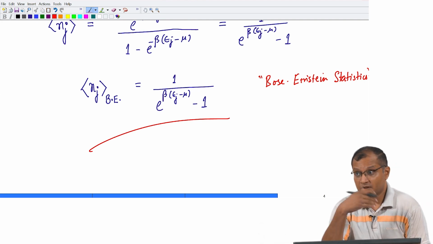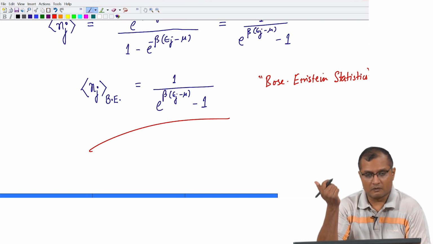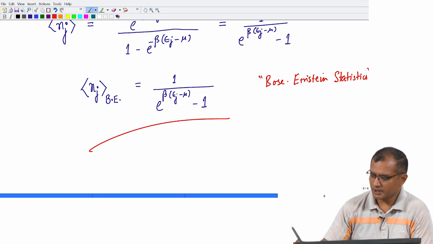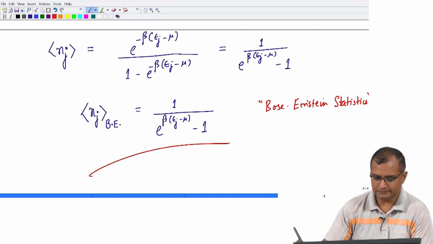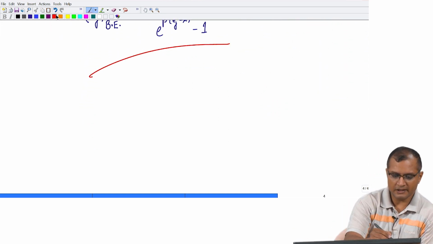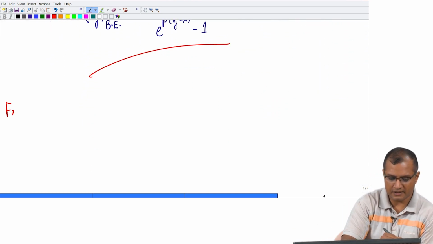Deriving the statistics for fermions is also straightforward. You can derive it for the system of fermions in a very straightforward manner.